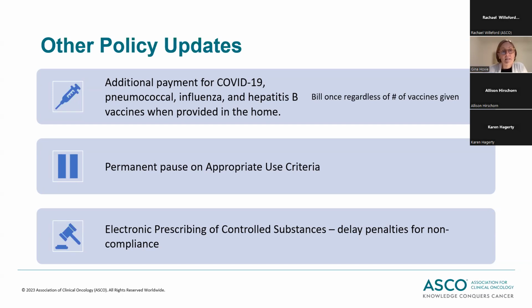And they have extended this also to pneumococcal, influenza, and Hep B vaccines when they're provided in the home. If you go into somebody's house and give them 3 vaccines, you can only get that additional payment once. You don't receive it for each vaccine that you have given. You just bill it once, regardless of the number of vaccines the patient is receiving.